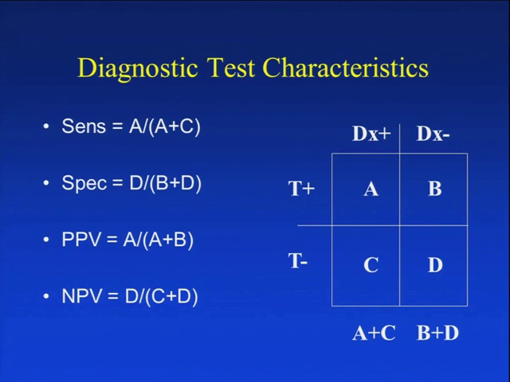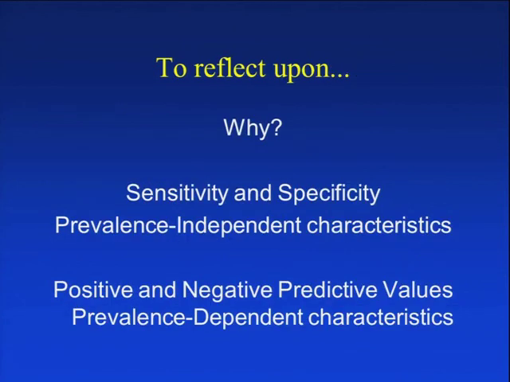That is part of the uncertainty of making diagnostic decisions with our patients. Remember, I started out by saying that sensitivity and specificity are prevalence independent and the predictive values are prevalence dependent. The question you should be thinking about is why? Why is that the case? Well, we're going to spend the rest of our time answering that question.